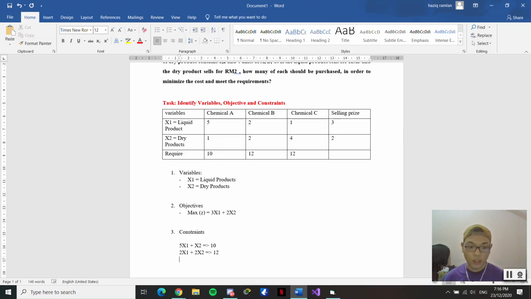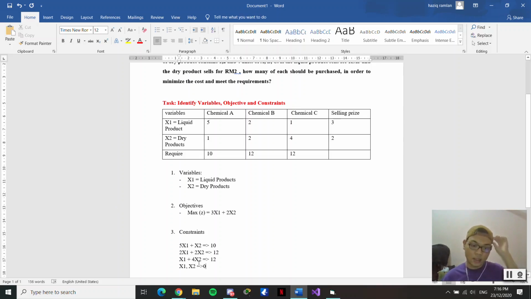And then for chemical C, we just put x1 because x1 is liquid products, and then we add dry products, which is 4x2, equal to 12. All right. Last but not least, x1 and x2 are greater than or equal to 0.